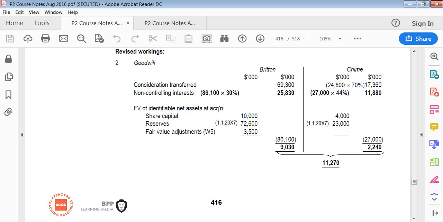In the NCI, the fair value of the non-current net assets acquired, we get 30% of that. We add it to the consideration, and then you subtract the total of the consideration and the 30% NCI. Subtract the fair value of the net assets acquired to give you 9030.